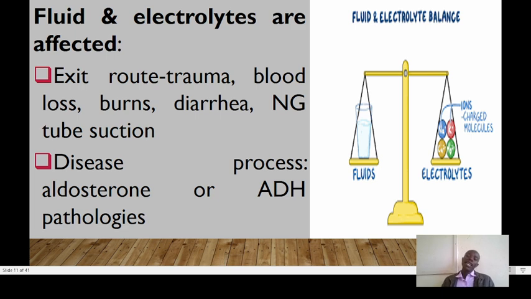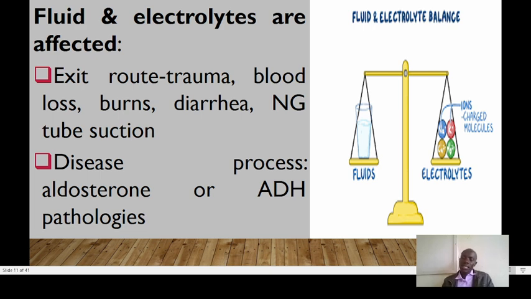Fluid and electrolytes are affected by different factors, and it is helpful for you to know this. Of course, we have already introduced trauma: somebody who has sustained a traumatic injury, blood loss, burns, diarrhea, or NG tube drainage is likely to lose fluids, causing imbalance.